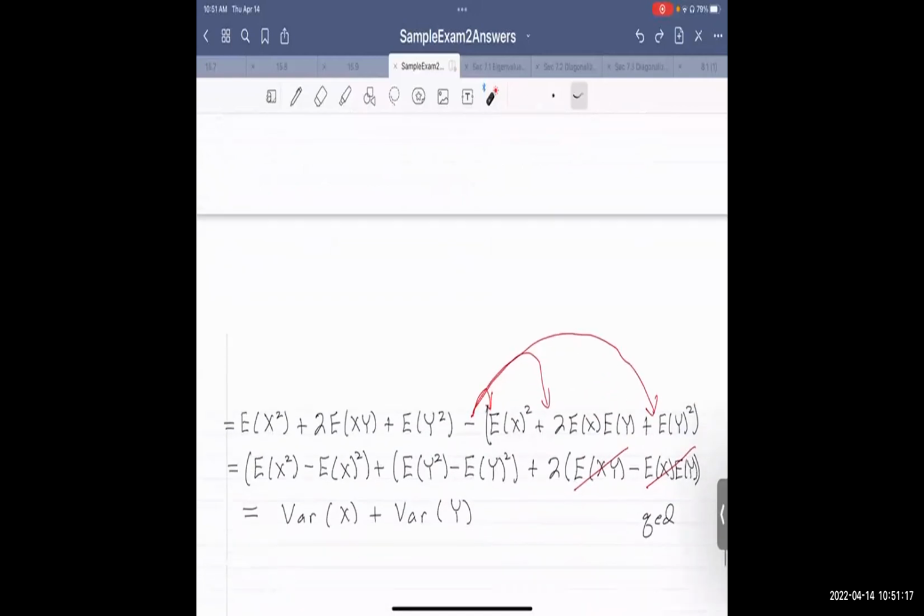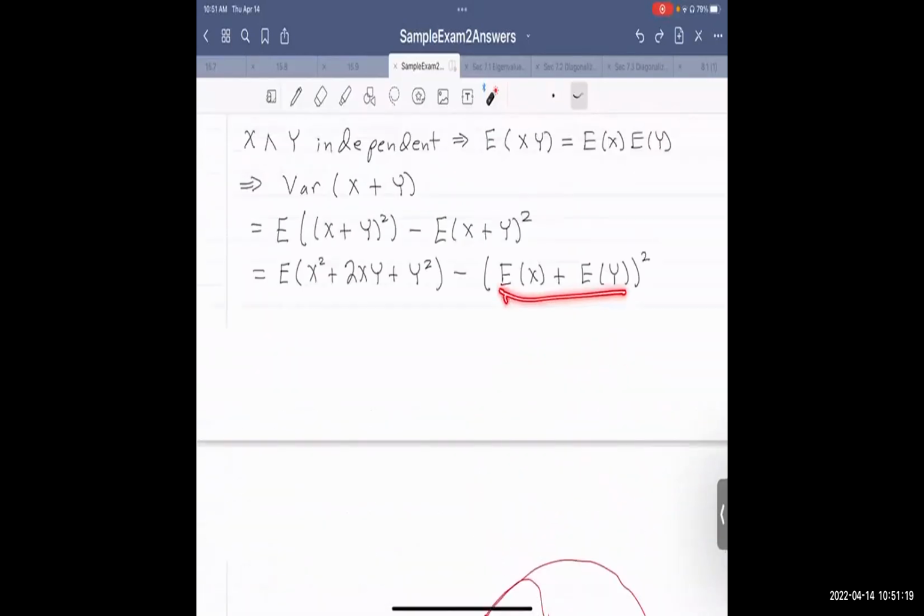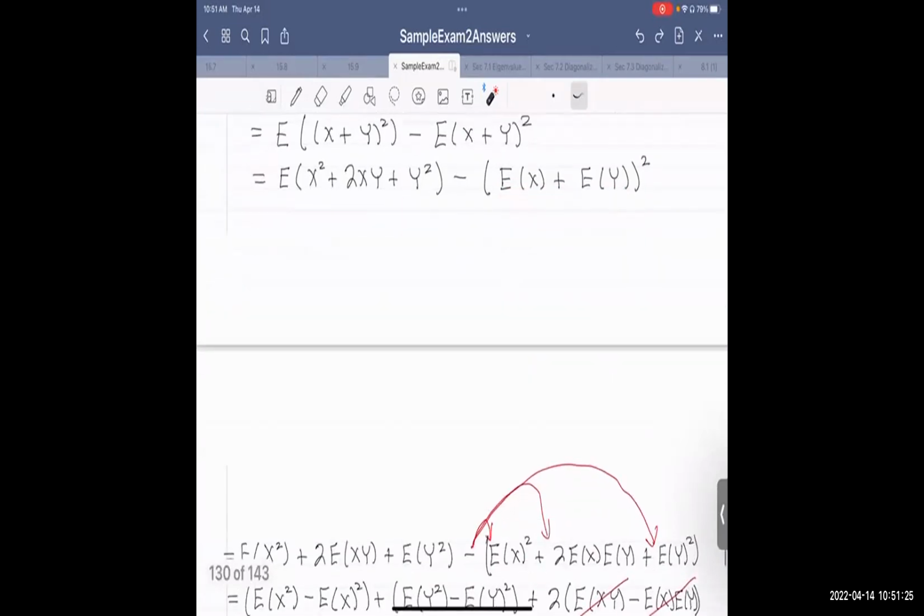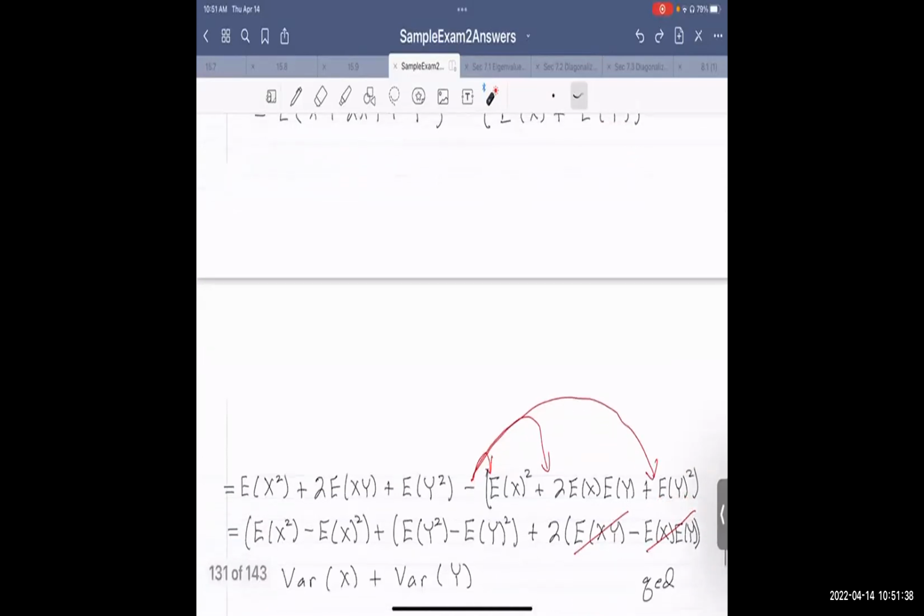So now, let me use the special product formula to simplify this. And so, again, by the perfect square trinomial formula, this is equal to the expected value of x squared plus 2 times the expected value of x times the expected value of y plus the expected value of y quantity squared.